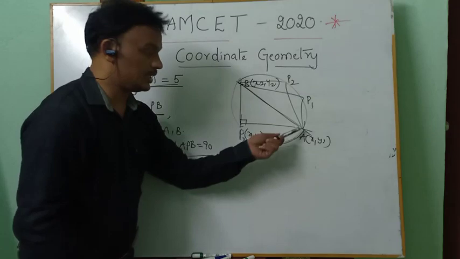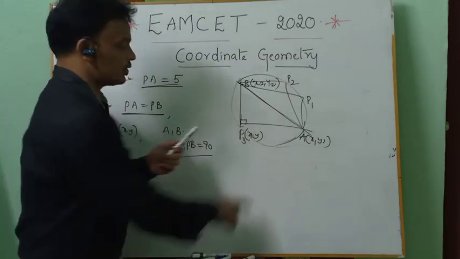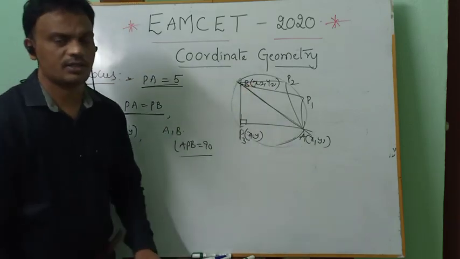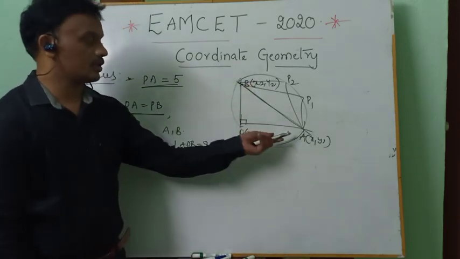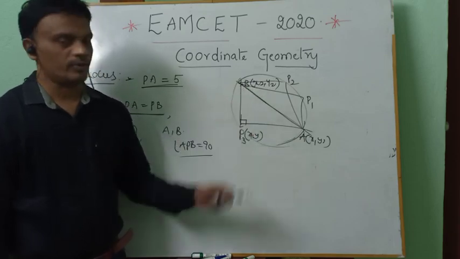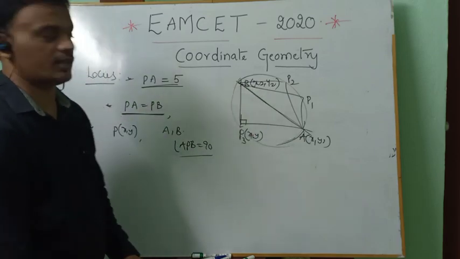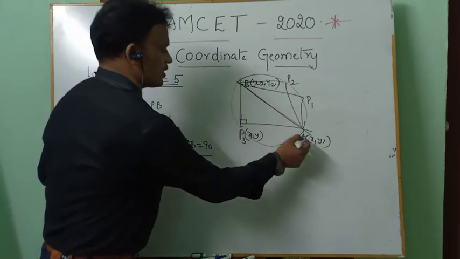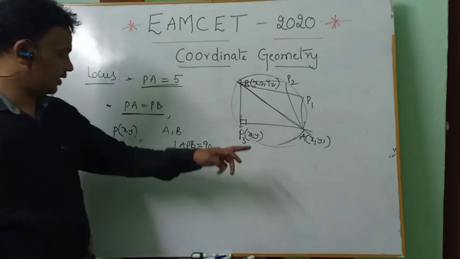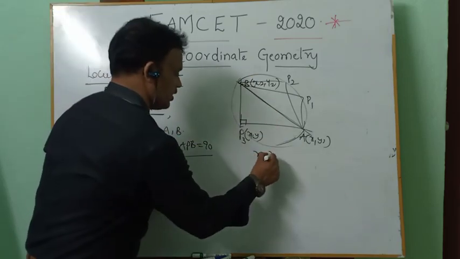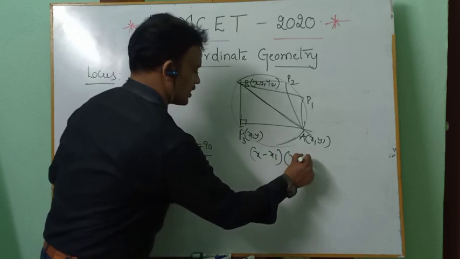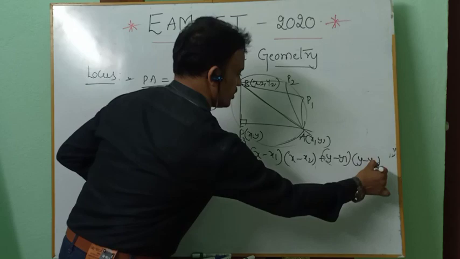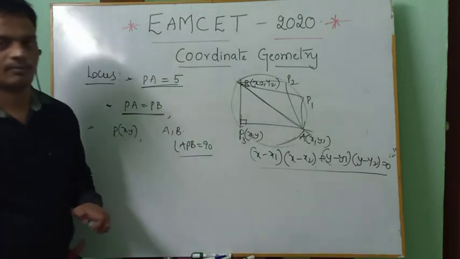The locus of P is a circle whose endpoints of the diameter are (x1, y1) and (x2, y2). So if they ask about the locus, the locus is a circle with the given two points as the endpoints of the diameter. If they ask for the equation of the locus, the equation of a circle whose diameter ends are the given two points A and B is the formula (x minus x1)(x minus x2) plus (y minus y1)(y minus y2) equals 0.